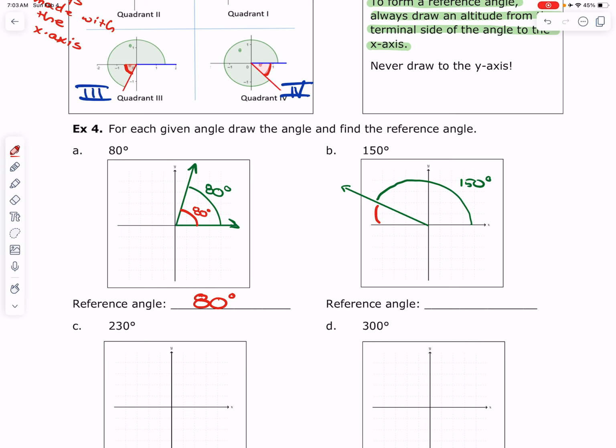I know it's 180 degrees all the way around, which means my reference angle here is this 30-degree angle. So if I were drawing my angle here, I'm going to put it slightly in, I guess not.